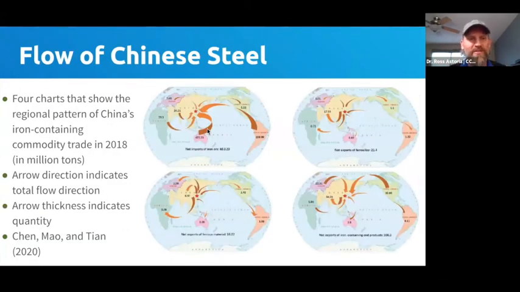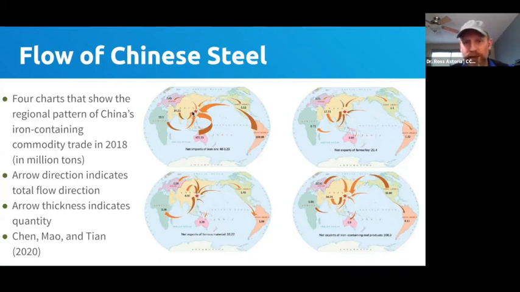And then here, just a nice graphic showing the flows of steel in and out of China. So this one on the upper left here is China's imports of iron ore. And you can see some kind of prominent things here. So from Australia, and then from Latin America.